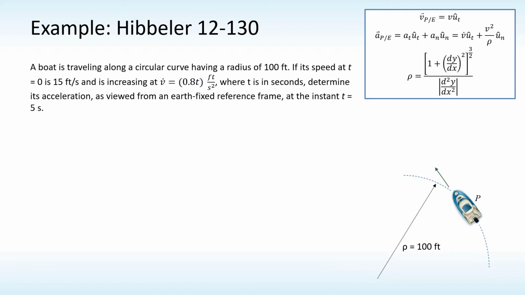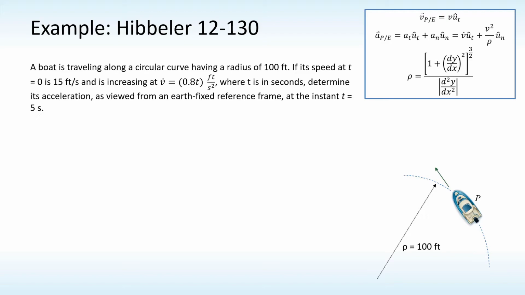Now let's look at an example. A boat is traveling along a circular path having a radius of 100 feet. If its speed at t equals 0 is 15 feet per second and is increasing at 0.8 t feet per second squared, we're asked to determine its acceleration as viewed from an Earth-fixed reference frame at the instant t equals 5 seconds.